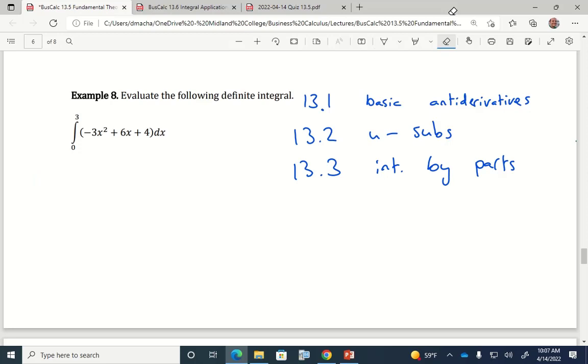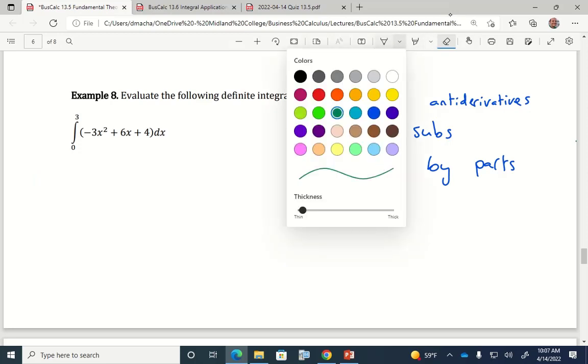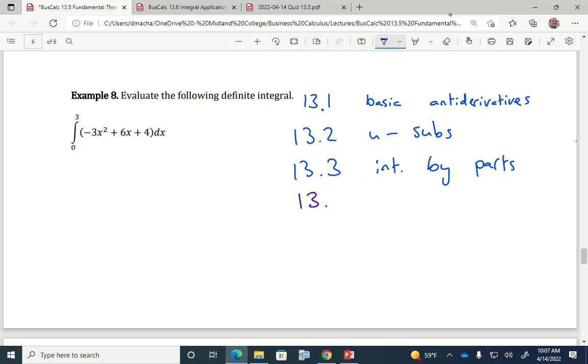Okay, so we had integration by parts, we had u substitutions, we had our basic antiderivative rules. In 13.4, we talked about Riemann sums and how to approximate an area under a curve by adding up the areas of several rectangles that were evenly spaced with the same width.